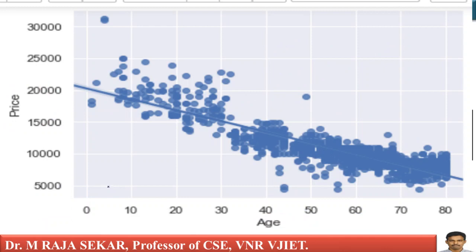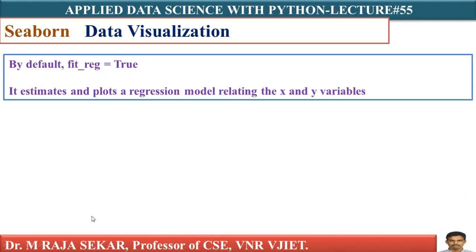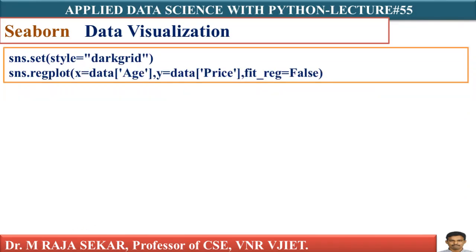If you don't want the regression line in the scatter plot, if you want only the scatter plot, you can do it by specifying fit_reg equal to False. Just see, here what am I doing? fit_reg equal to False. By default it is True, that's what I told you.